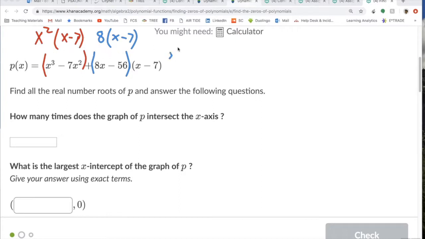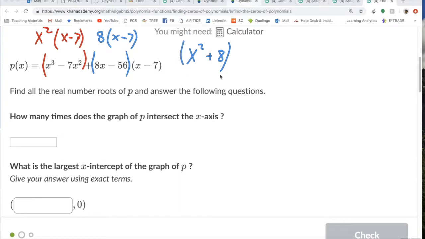So what we're going to have right now is x squared plus 8, because we factored out positive 8 over here.